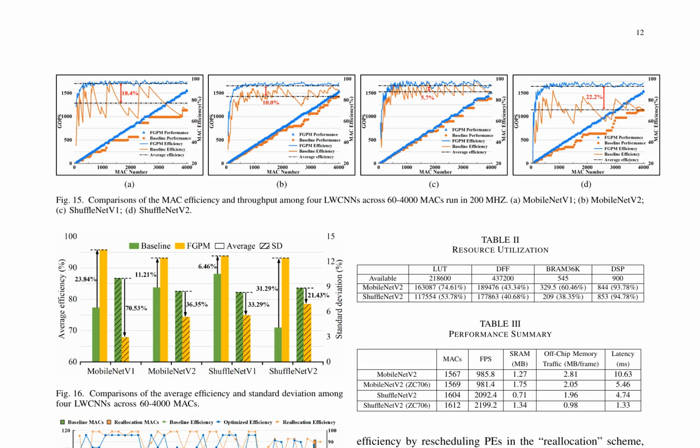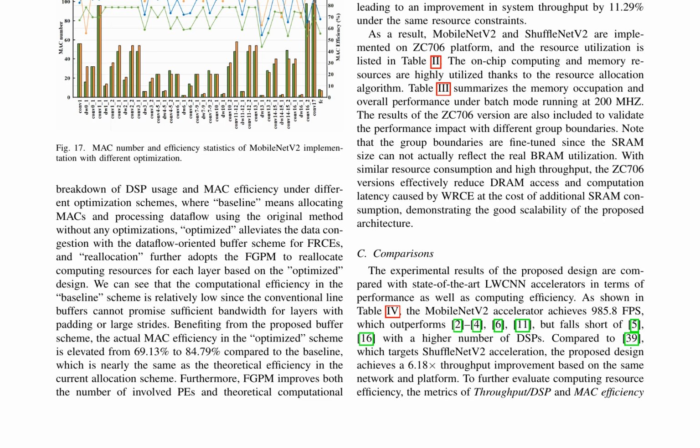The research also discusses a novel streaming architecture for LWCNNs, presenting a hybrid data reuse scheme that reduces SRAM consumption by 81.37% and achieves an average FM access reduction of 98.07% compared to existing schemes. The evaluation process focuses on the theoretical throughput and scalability of the FGPM, demonstrating a significant improvement in MAC efficiency and outperforming several existing solutions in terms of performance and computing efficiency.